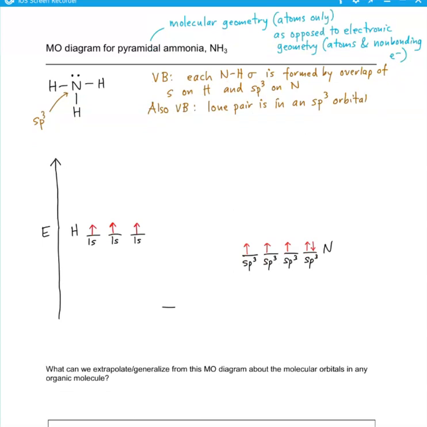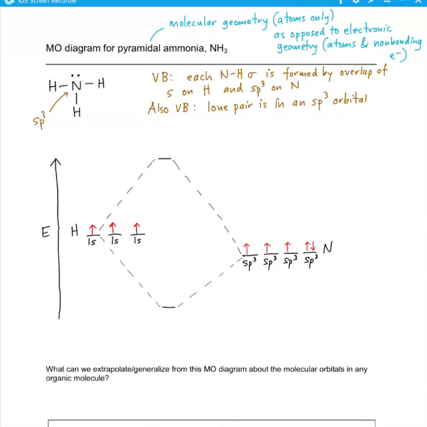We can make an in-phase combination between this 1s orbital and this sp3 orbital. And we can make an out-of-phase combination using the same 2 orbitals. So that takes care of one of the 1s's and one of the sp3's.